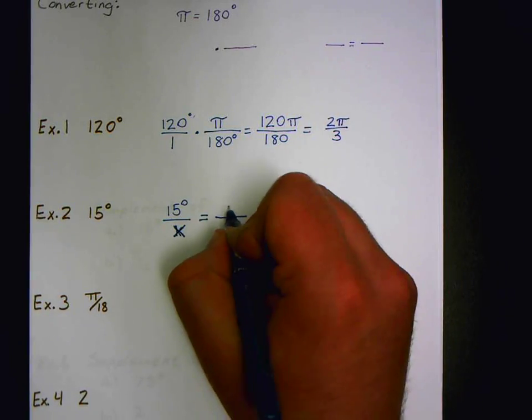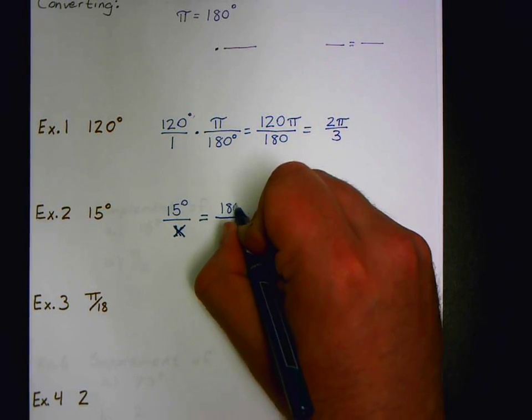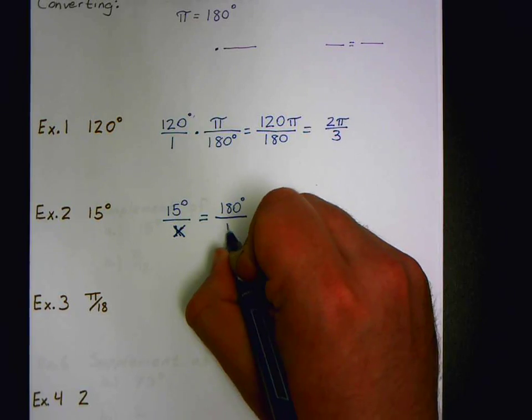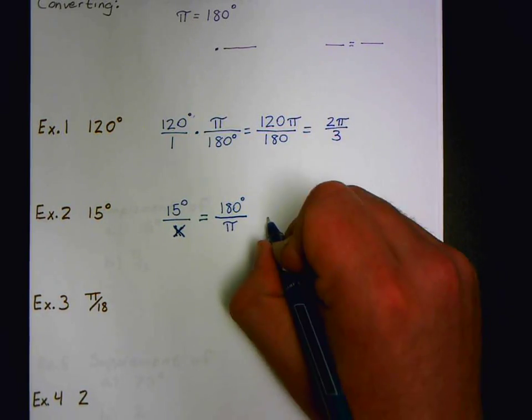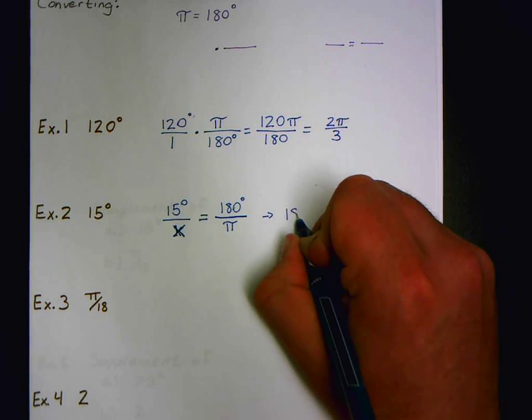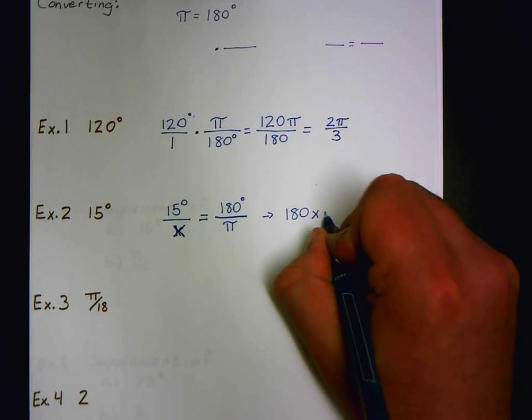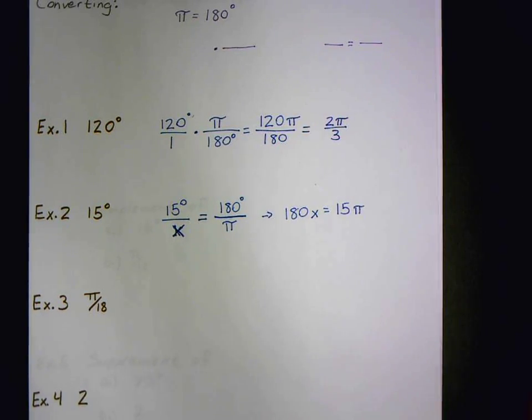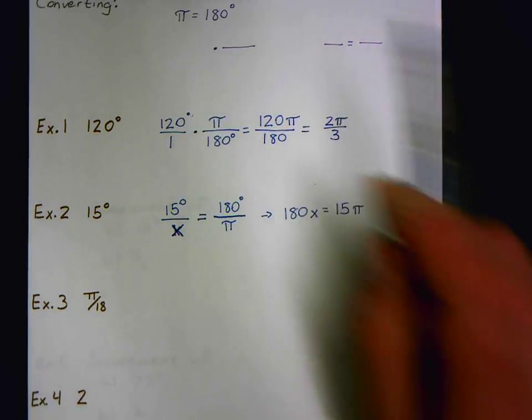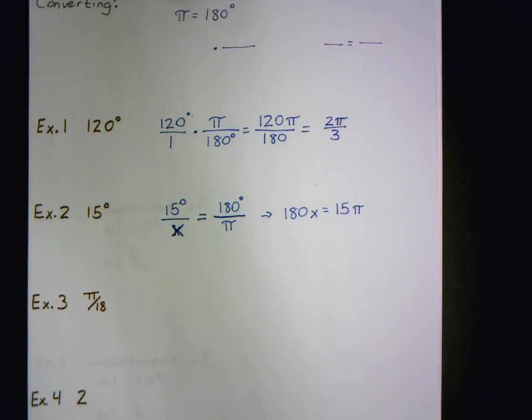So on this fraction, I need degrees on top, radians on the bottom. And then I simply cross multiply. 180 is equal to pi on our circle. They're in the same spot.